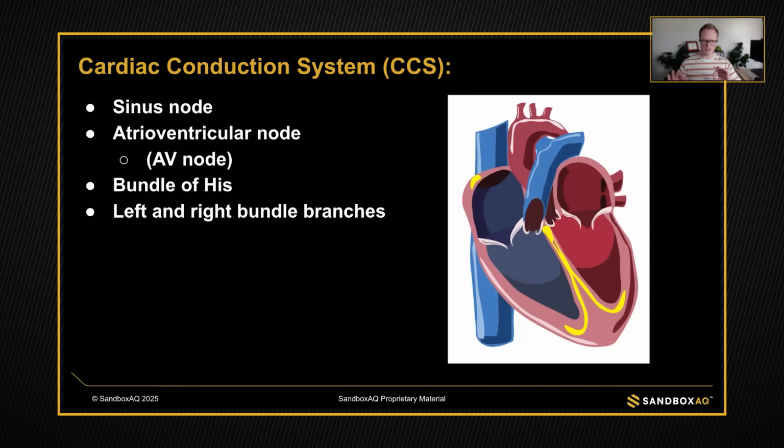In addition to our typical anatomy with the atria and the ventricles, another important component is the cardiac conduction system. These are specialized tissue that reside in the heart, in the muscle of the heart. Fancy names like sinus node, the AV node, bundle of His, left and right bundle branches. What's important about these is that they're inside the muscle.